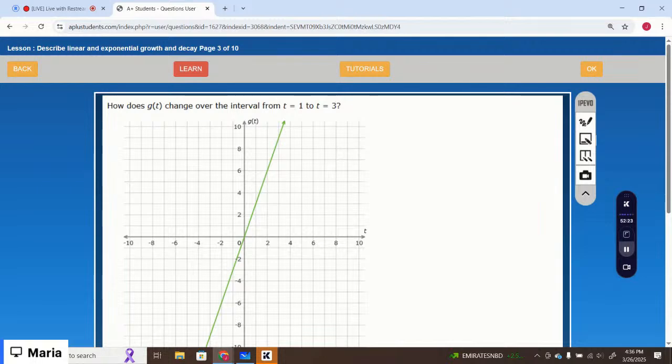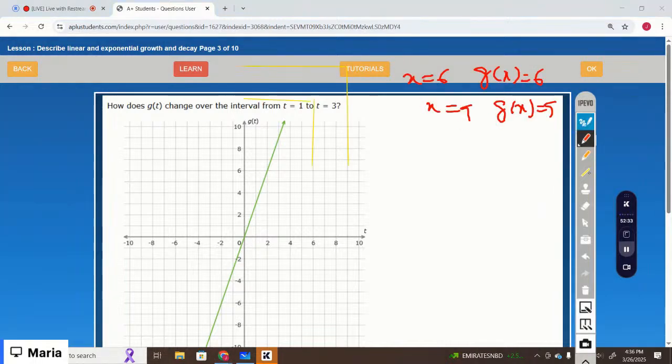How does g of t change over the interval t equals 1 to t equals 3? When t equals 1, g of t is 3. When t equals 3, g of t is 9.